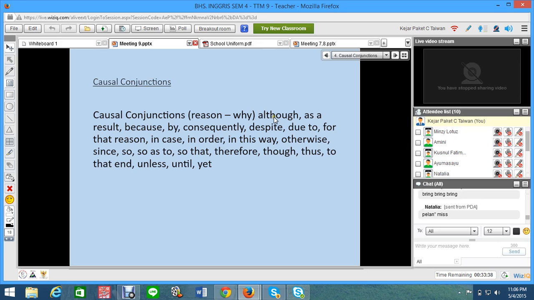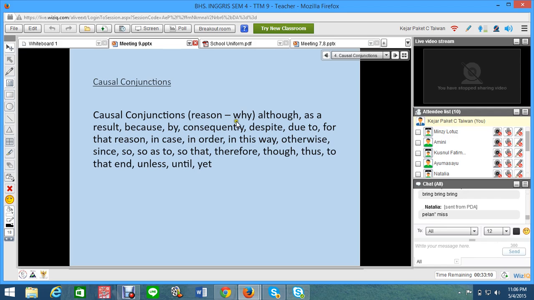So these are examples of conjunctions used in analytical exposition: although, as a result, because. If a sentence uses one of these conjunctions, it is called a causal conjunction sentence.